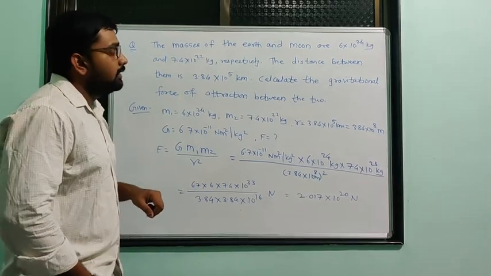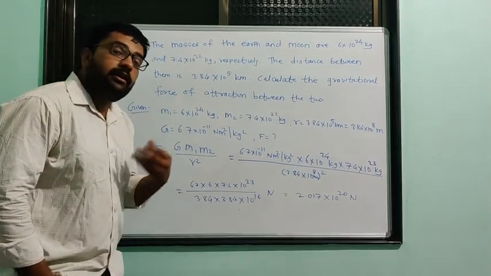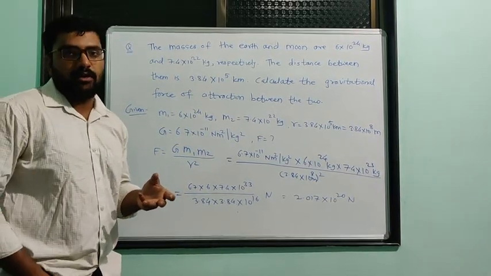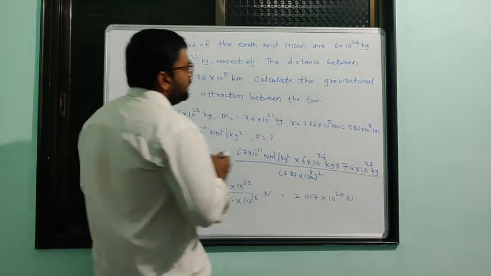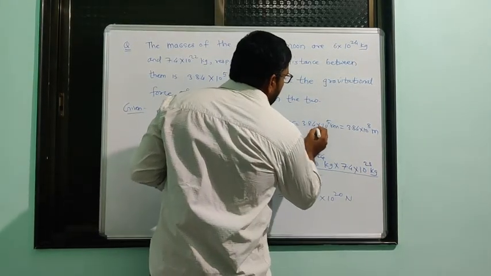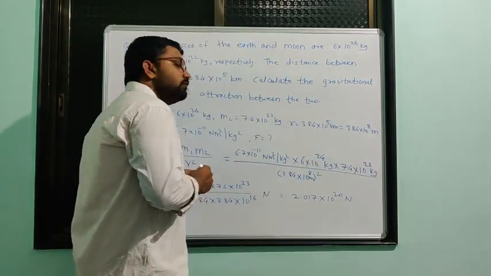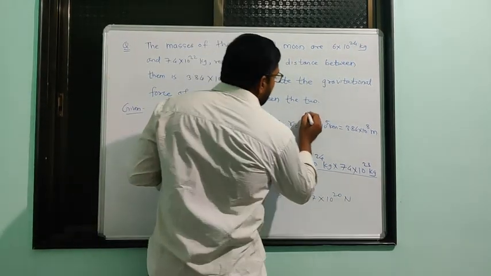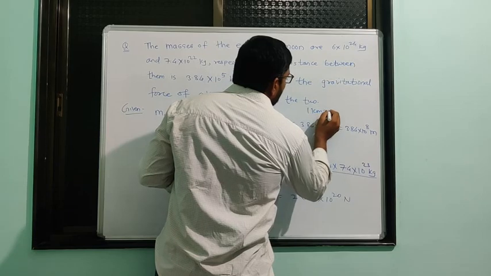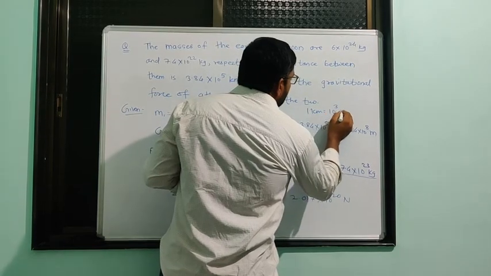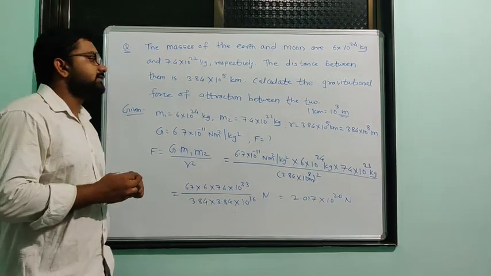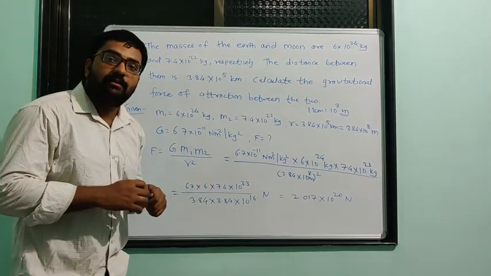Okay, so here the distance is given in kilometer, we have to convert it into meter. So if it is 3.84 into 10 raised to 5 kilometer, okay, then 1 kilometer will be equal to 10 raised to 3 meter. That we have to remember. 1 kilometer is equal to 10 raised to 3 meter.